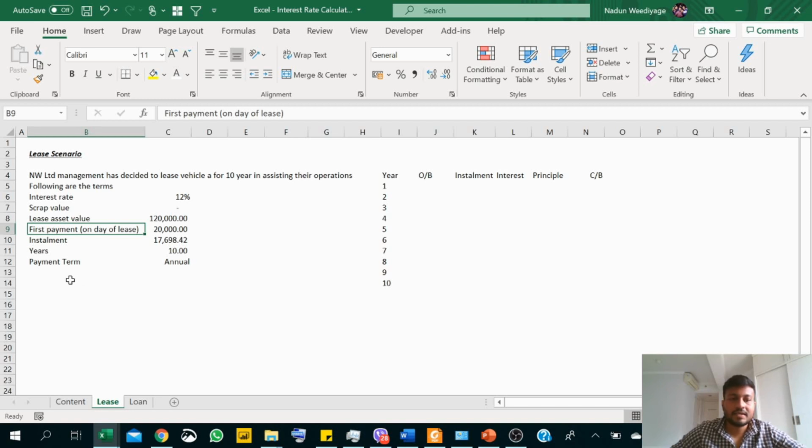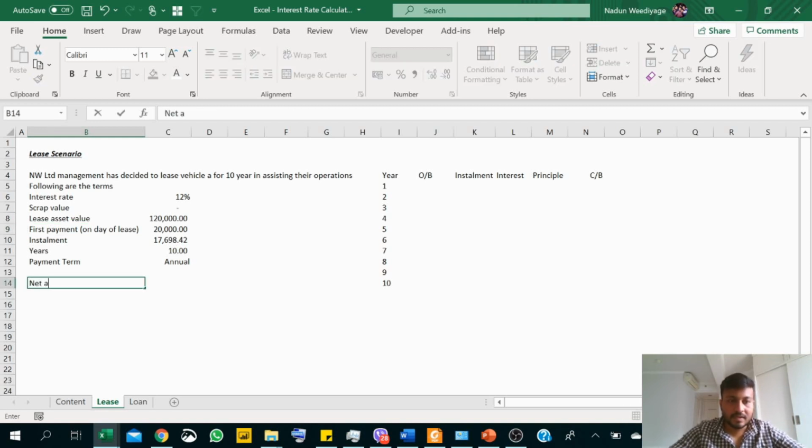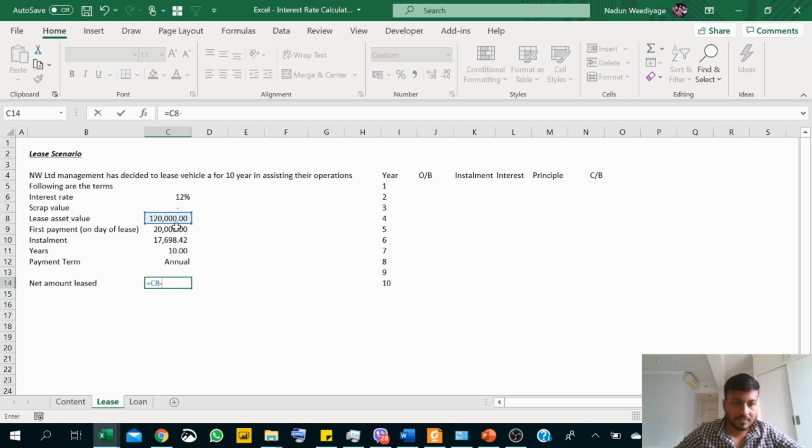It doesn't count as an amount that is given under a loan or is entitled for a loan. So the net lease amount is 120,000 minus 20,000, which is 100,000.